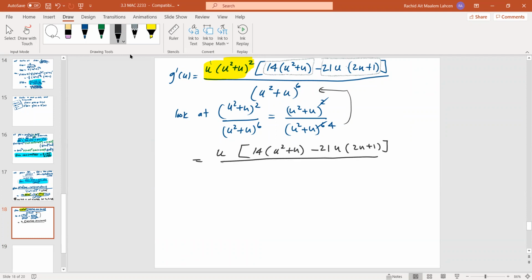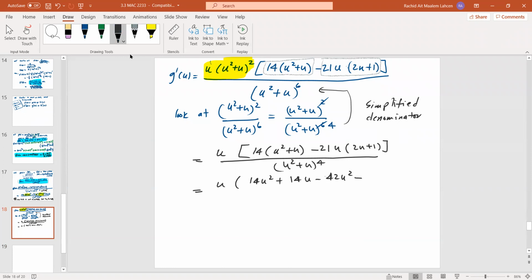I just simplified the denominator. All right, so now we can go ahead and multiply. We have 14u squared plus 14u minus 42u squared.